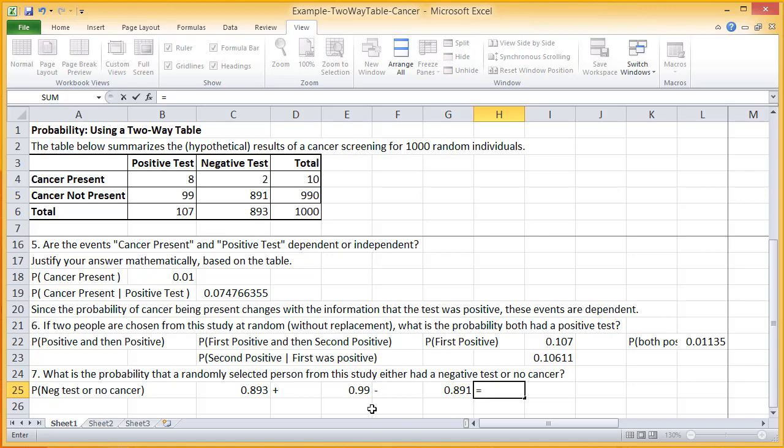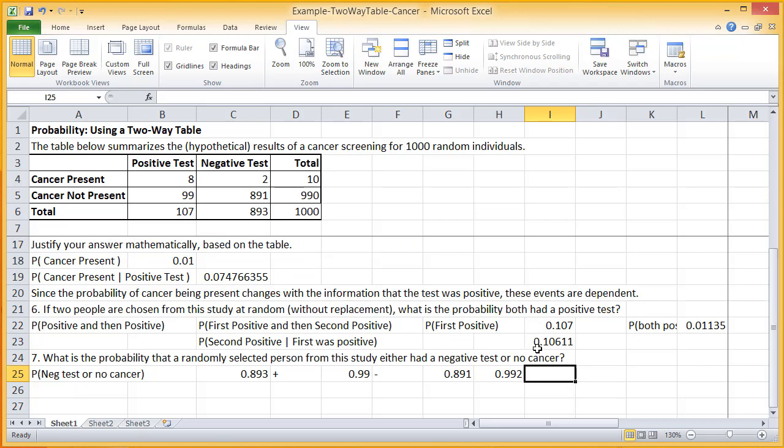I'm going to use my cell references. I have the first probability in cell C25. I'm going to add the next probability in cell, for me it's in cell E25, and subtract the overlap, which was in cell G25. We see 0.992. The probability that a randomly selected person in the study has either a negative test or no cancer, 0.992.